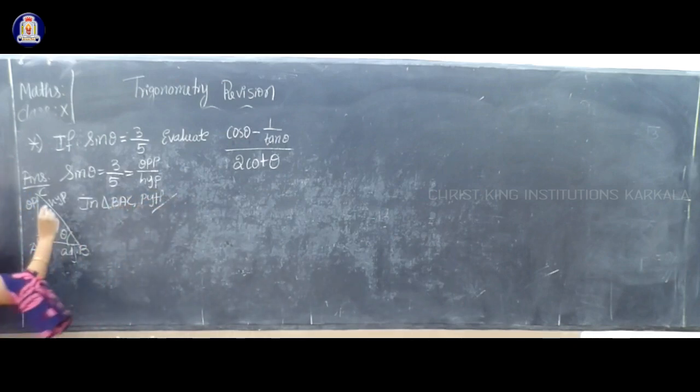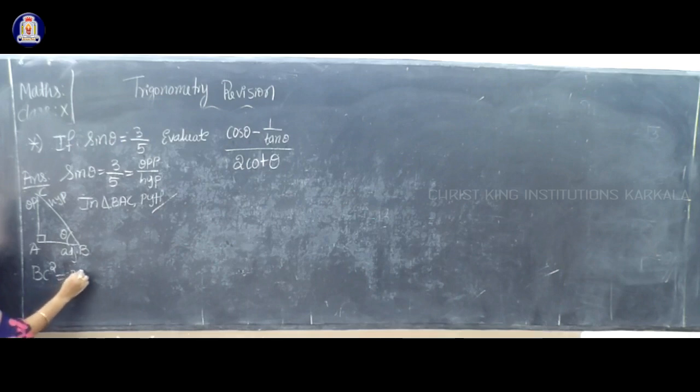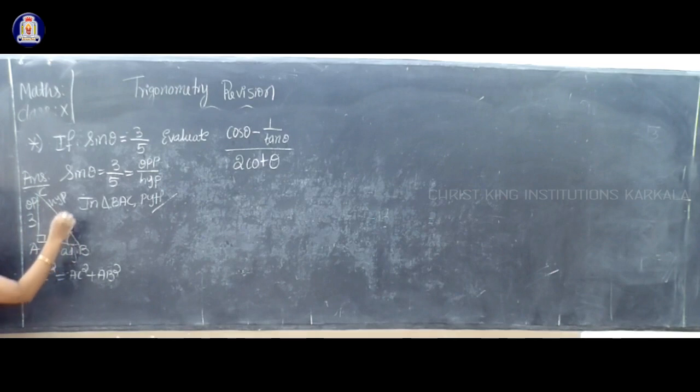What is the Pythagoras theorem? BC square is equal to AC square plus AB square. First write the values. The opposite side is 3. The hypotenuse side is 5. You need to find your adjacent side.